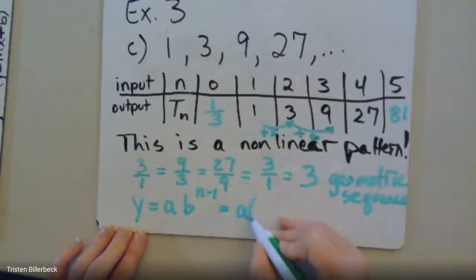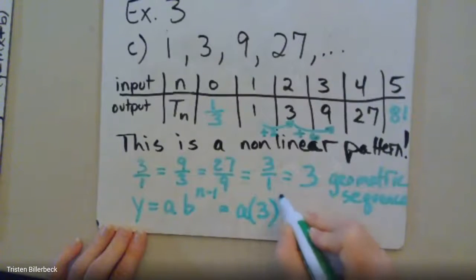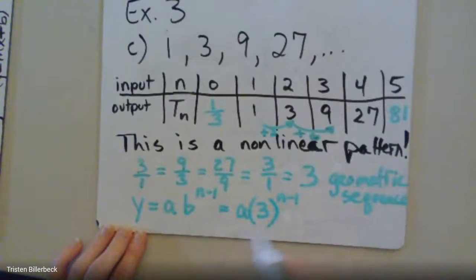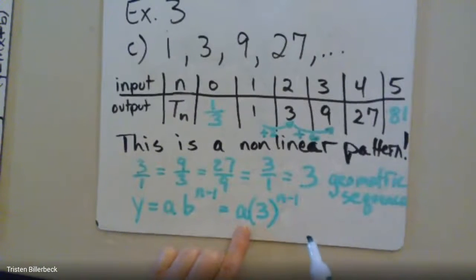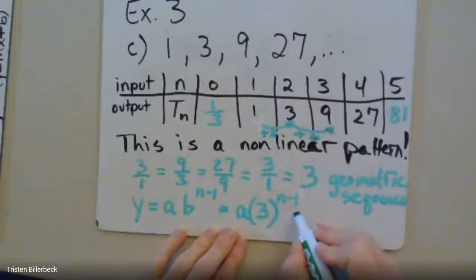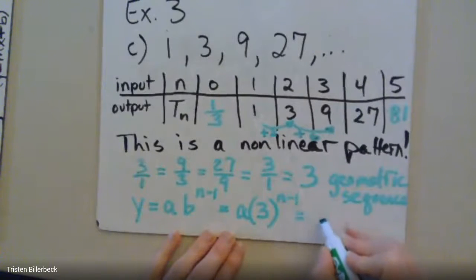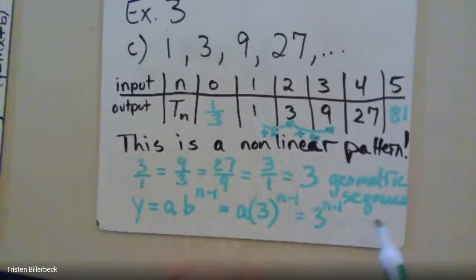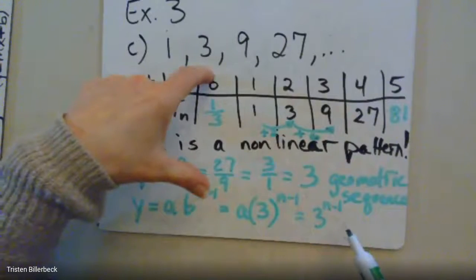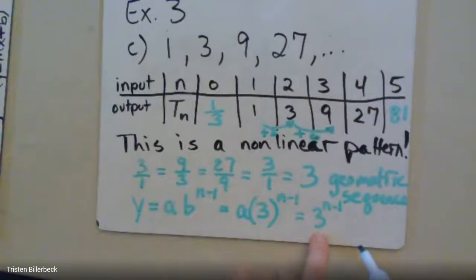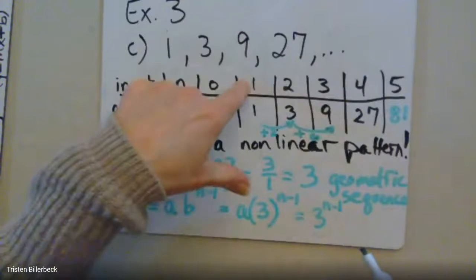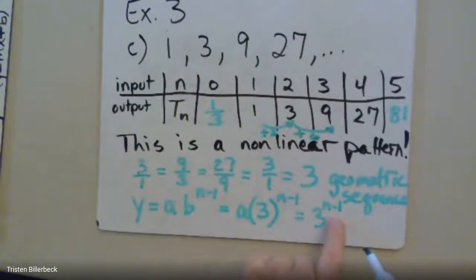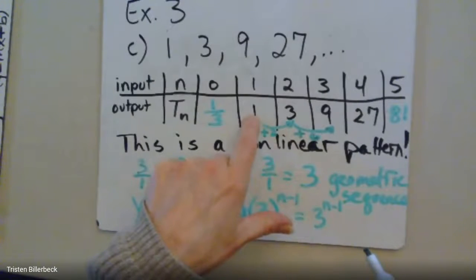So we have a 3 to the n minus 1. And a is the first term, which happens to be 1. So we have just 3 to the n minus 1. So we can check this when n is 0. That'd be 3 to the negative 1, which is 1/3. 1 minus 1 is 0. So 3 to the 0 would be 1.